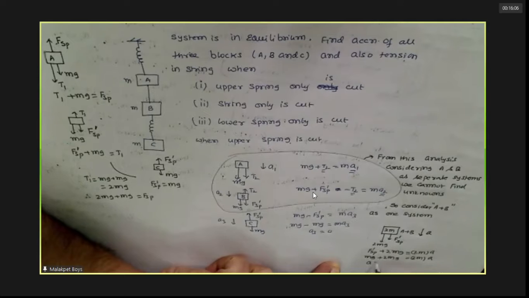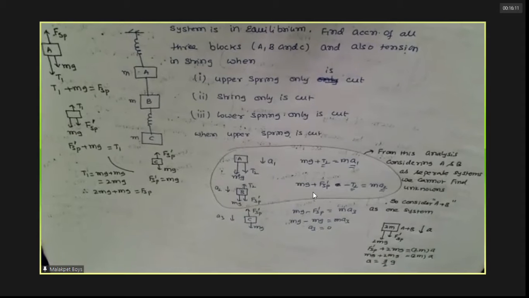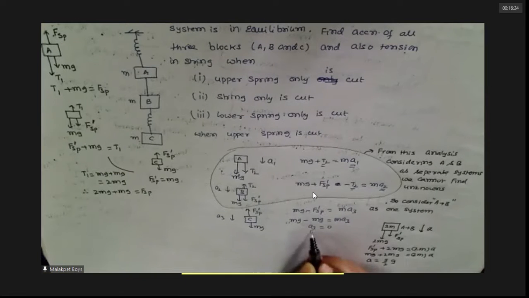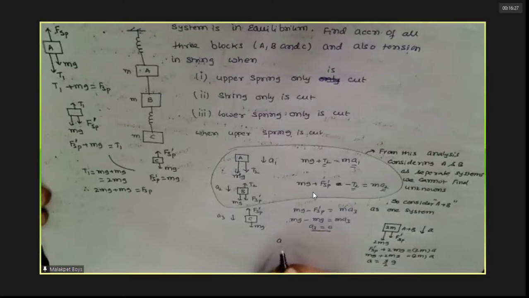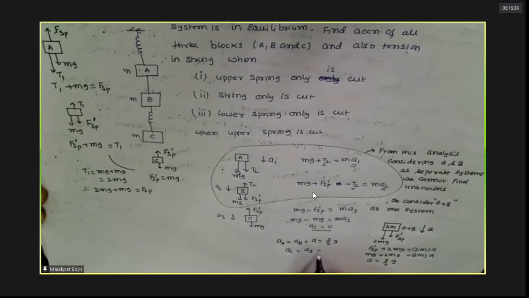So what is A you have? So thus you got the acceleration of A equals acceleration of B, A equals 3 by 2g, and the acceleration of C, A3, equals 0. This is the solution for part 1 of the question.